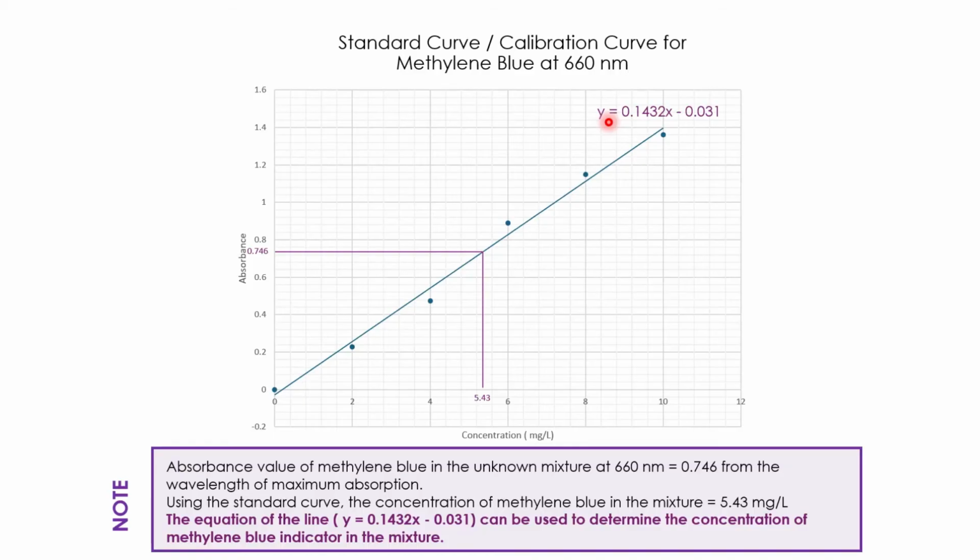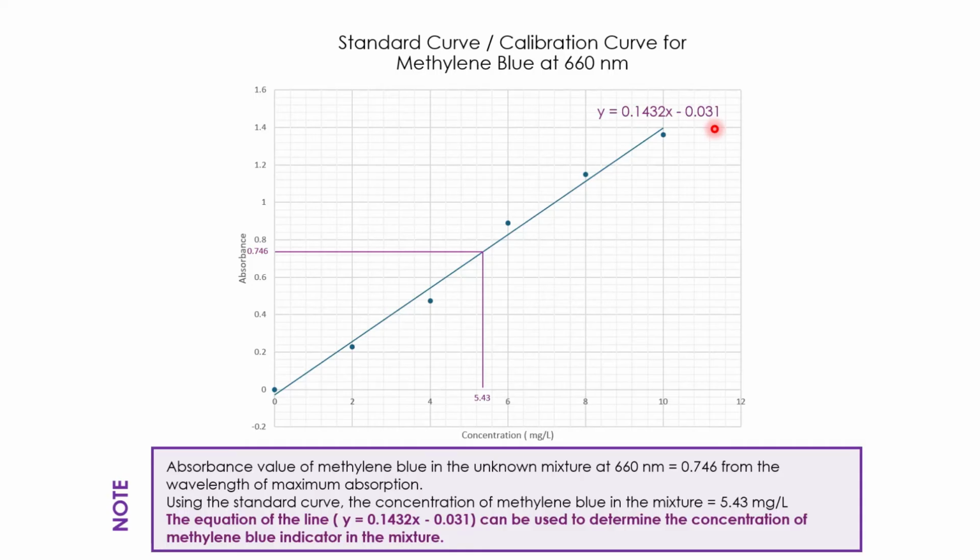The equation of the line for our standard curve, or calibration curve, is y equals 0.1432x minus 0.031, where y happens to be the absorbance values obtained, 0.1432 happens to be the slope, the x happens to be the concentrations, and the negative 0.031 happens to be our intercept.